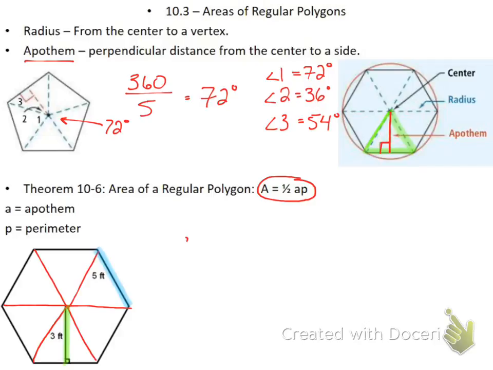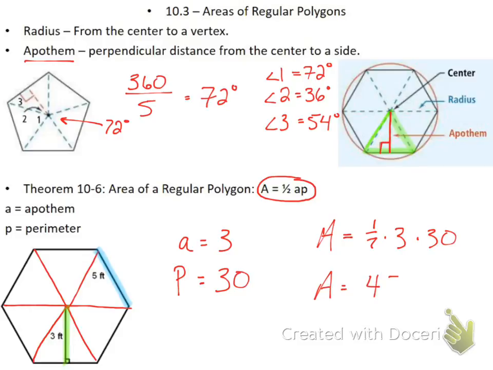To find my perimeter, each of these sides is 5 feet, so I can do 5 times the number of sides, which is 6, to get 30. Area is equal to 1/2 times my apothem, which is 3, times 30. When I do that, I get 45, and these are feet, so square feet.